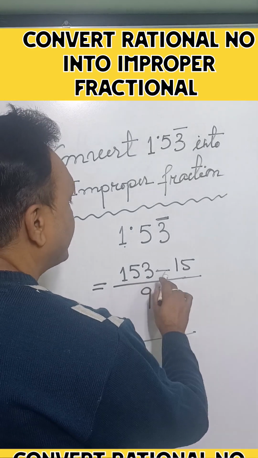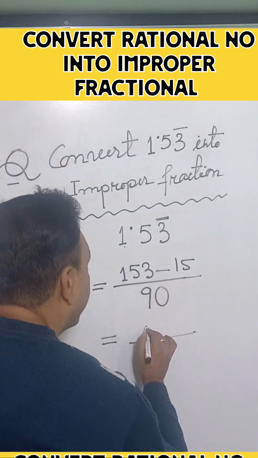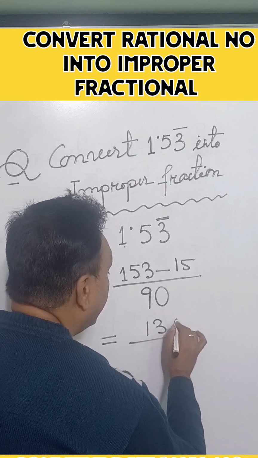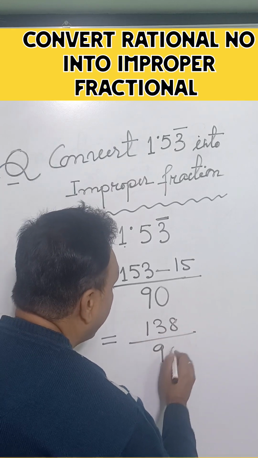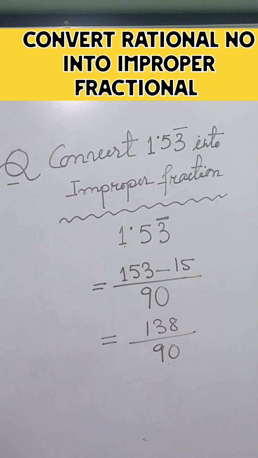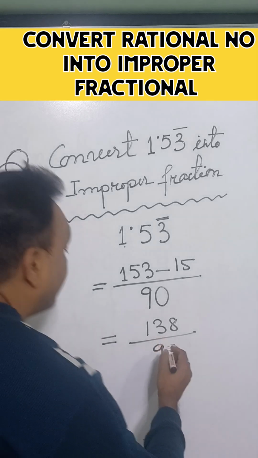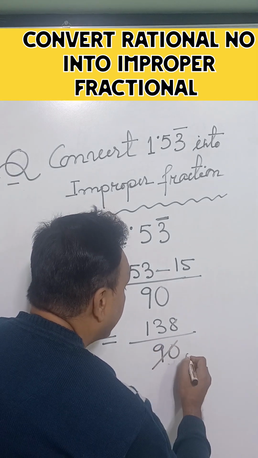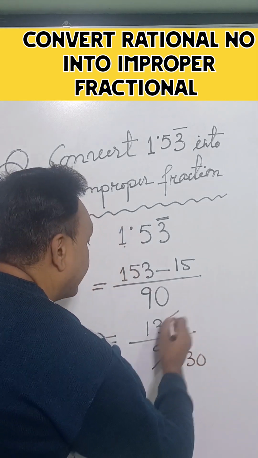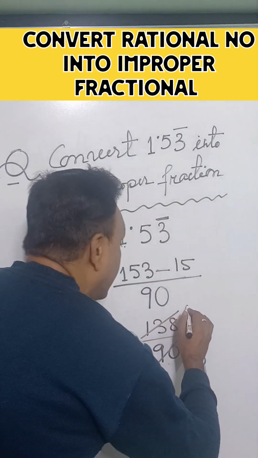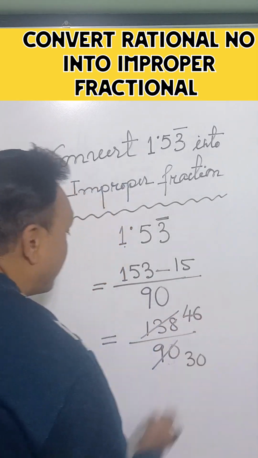Okay. Now if we subtract, you will get 138 divided by 90. If I cancel it by 3, you will get 46 over 30.